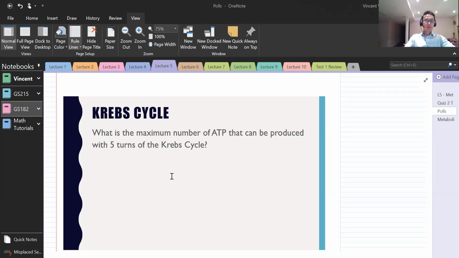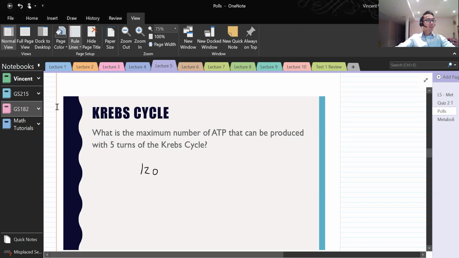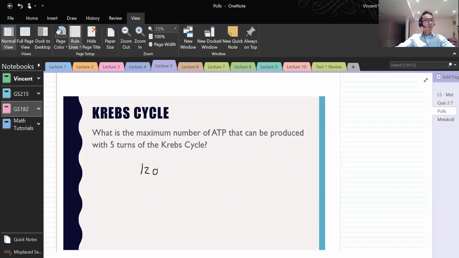Okay, we have people say 120. Oh, Tyler, I mean all the NADH and all the FADH2, all of them considered together, not just the substrate level phosphorylation. Okay. A couple people got 120.